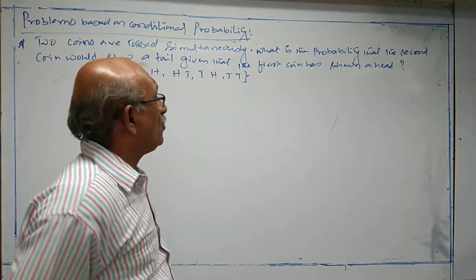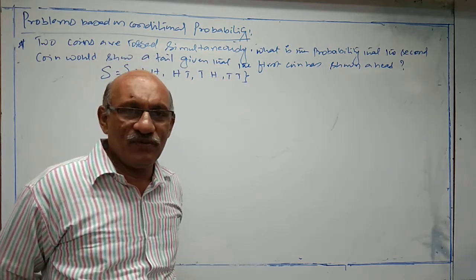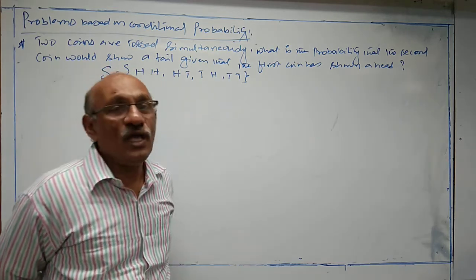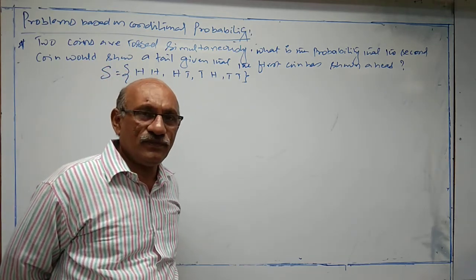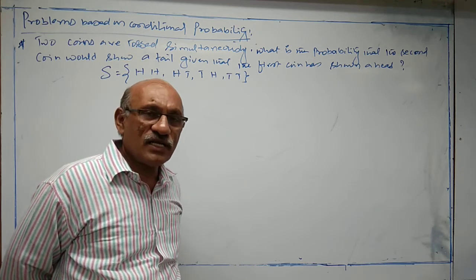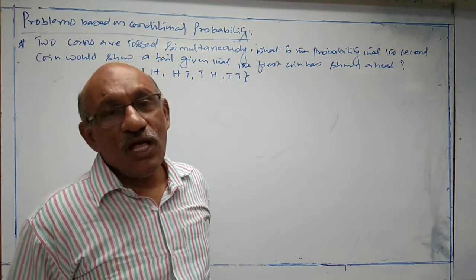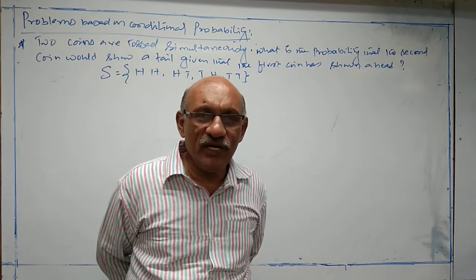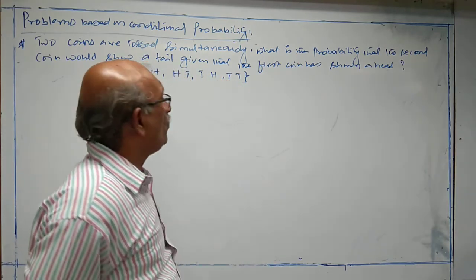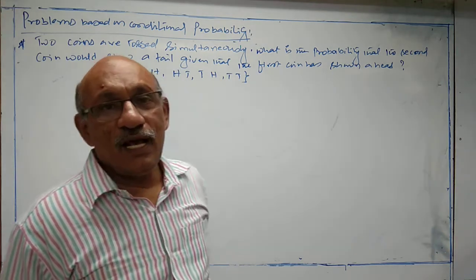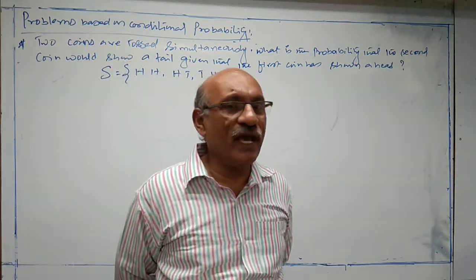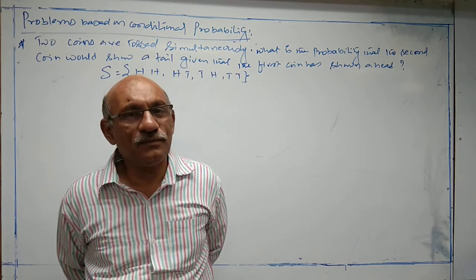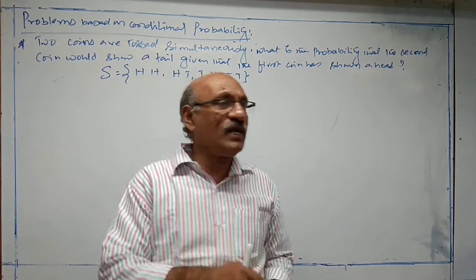So beta, we have to eliminate two cases from this sample space. Which cases I have to eliminate? All those cases which are not starting with H, otherwise which are starting with T. Again I am repeating this point. Out of 4 cases in the sample space, 2 cases I have to eliminate. That depends upon the given condition.